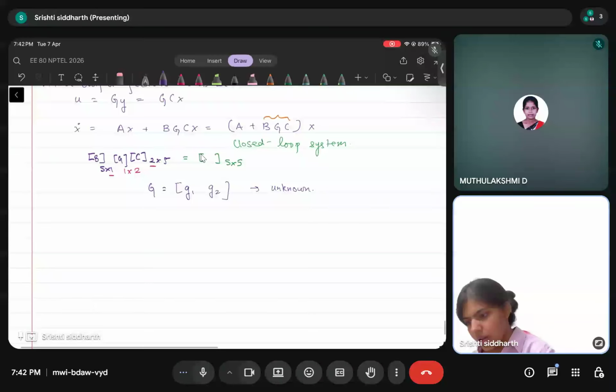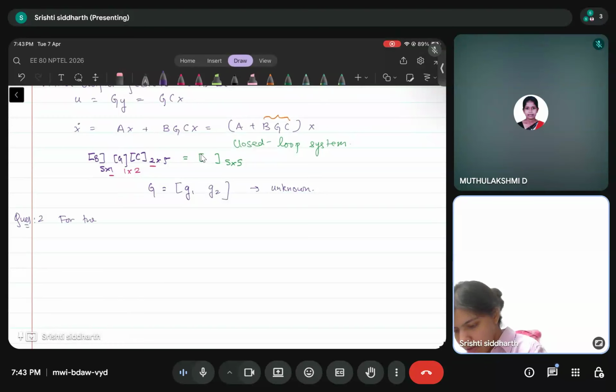Okay, so let me write down the question. This is question 2. So for the parameters given in question 1, let's say G1 is 1 and G2 is 3.